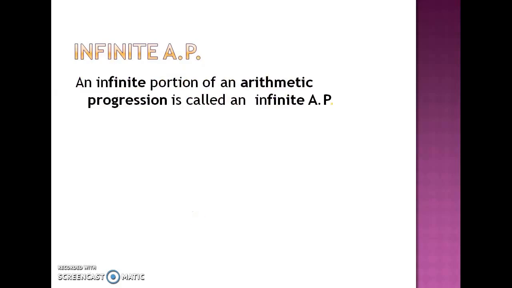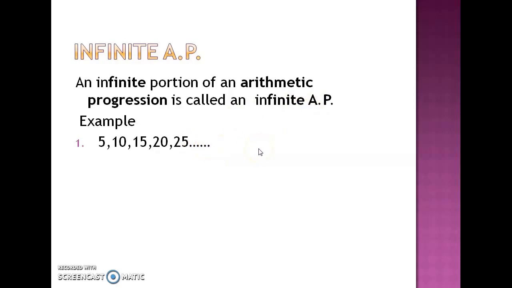Next concept is infinite AP. See the definition. An infinite portion of an arithmetic progression is called an infinite AP. Examples are 5, 10, 15, 20, 25. In this example, there is no ending.